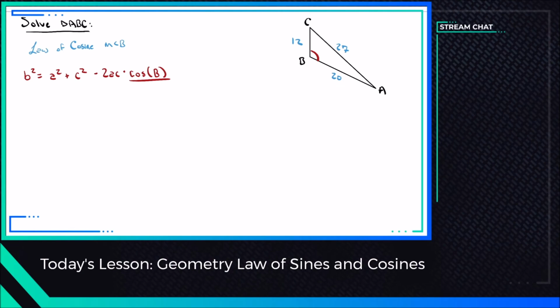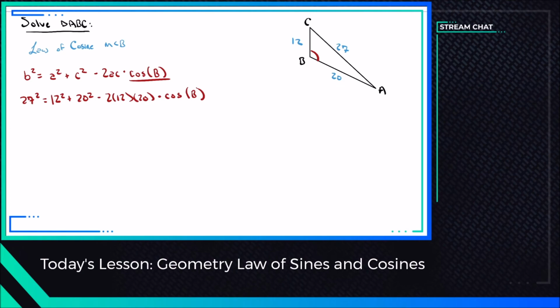And then from there we can use the law of sines, it'll be a lot quicker. So 27 squared is equal to 12 squared plus 20 squared minus 2 times 12 times 20 multiplied by the cosine of our missing B.